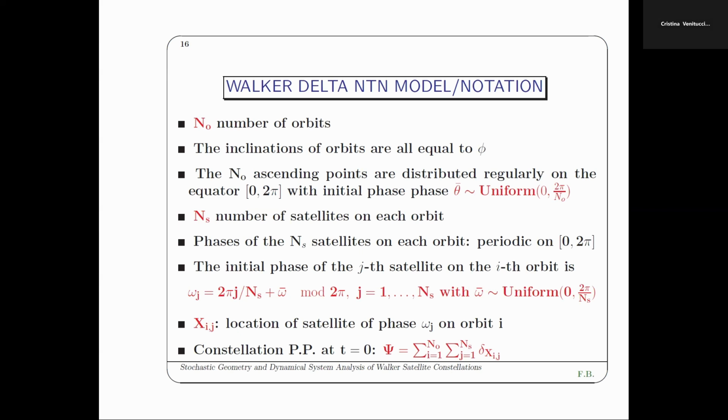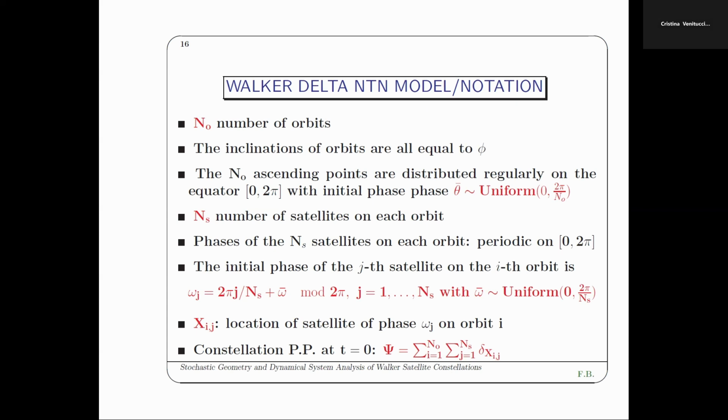Okay. And same thing for the satellites, with NS the number of satellites on each orbit. It's a regular case. We can think of other cases a bit later. The phases of the NS satellites on each orbit are periodic on 0 to pi, with an initial phase that I will take in this model the same for all orbits, and it will be omega, which is uniform on 0 to pi over NS, right?